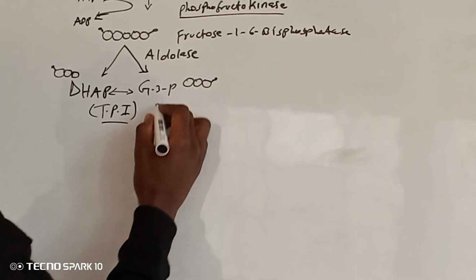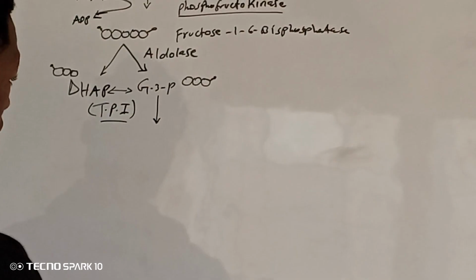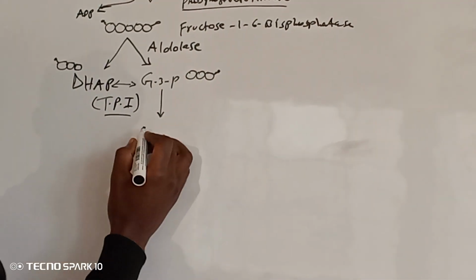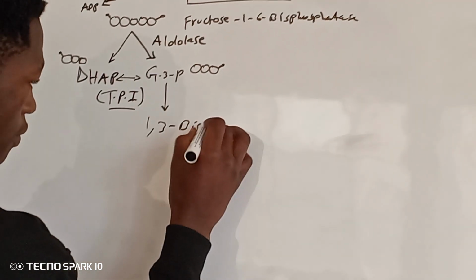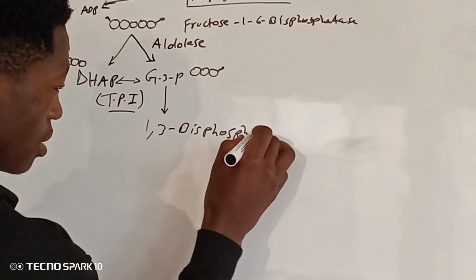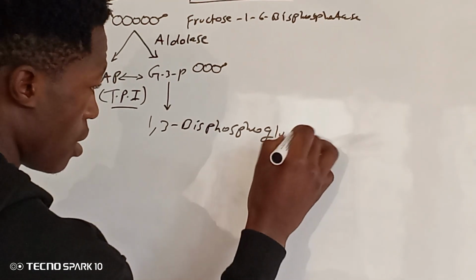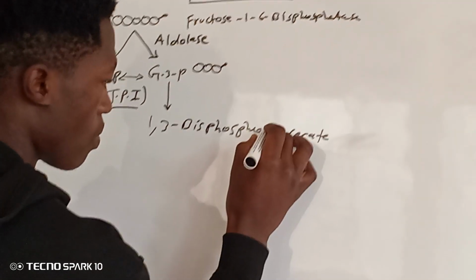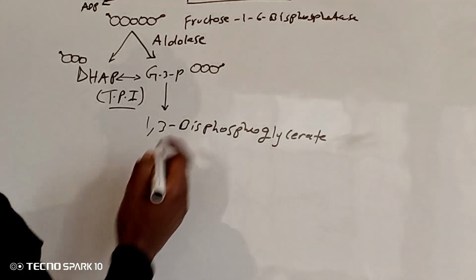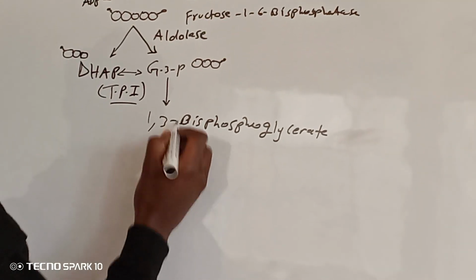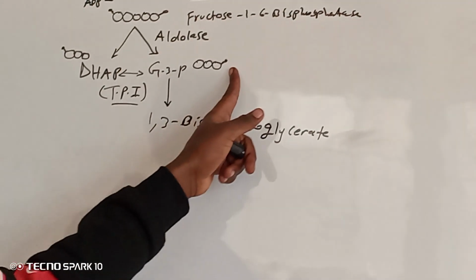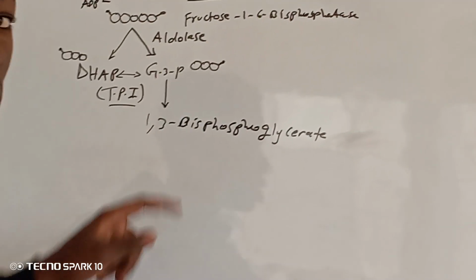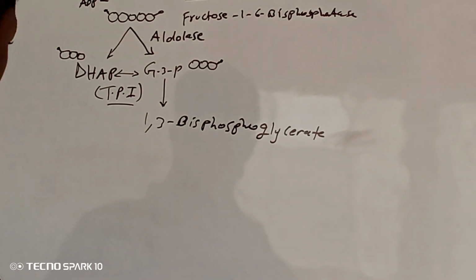Now, glyceraldehyde 3-phosphate can then be converted into 1,3-bisphosphoglycerate. See this: we only had one phosphate group, but now here we have two. I mean, we have phosphorylated again.